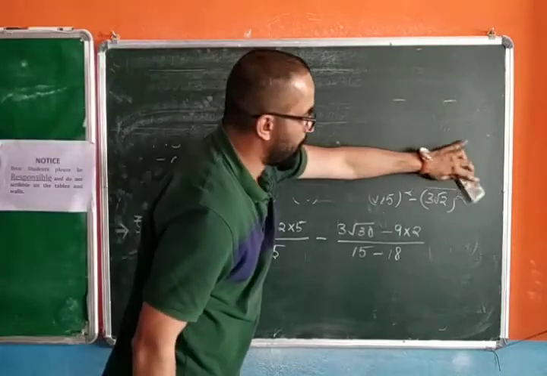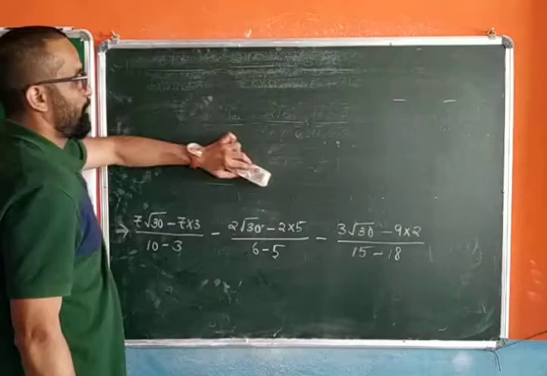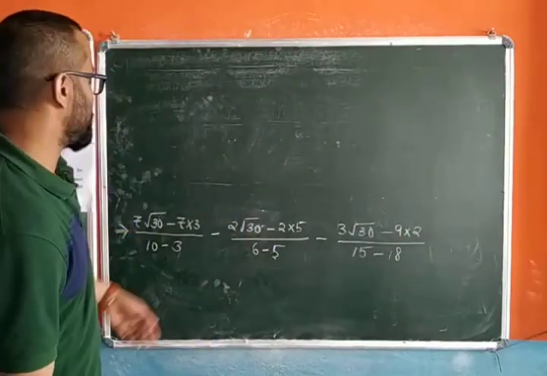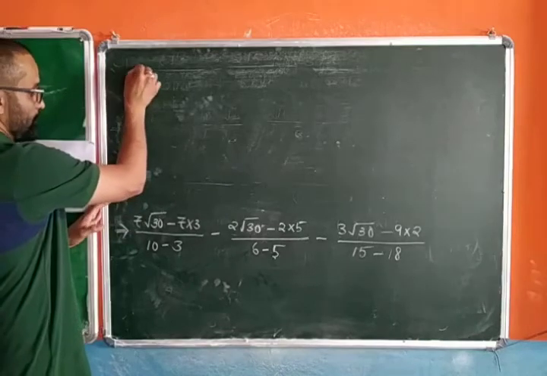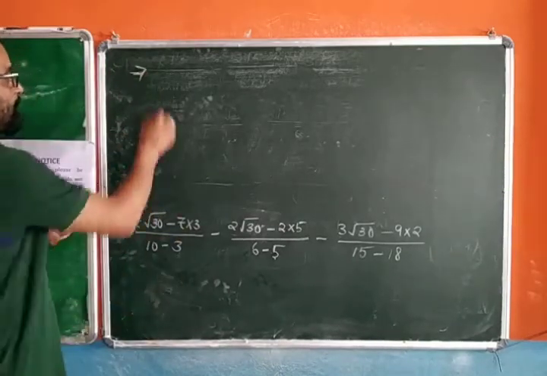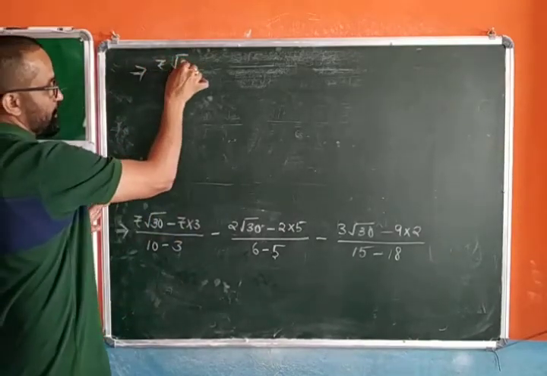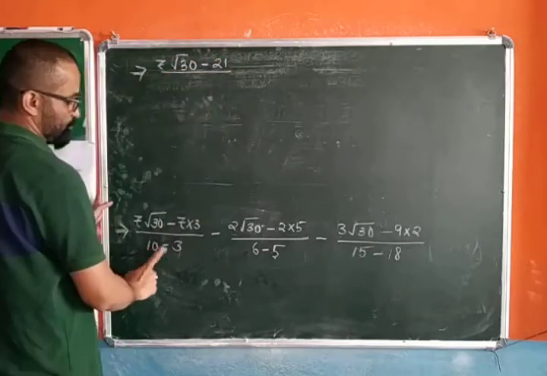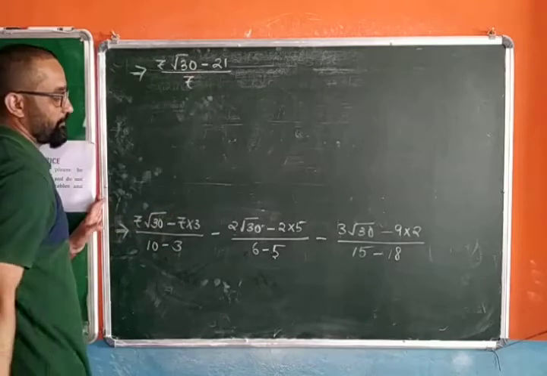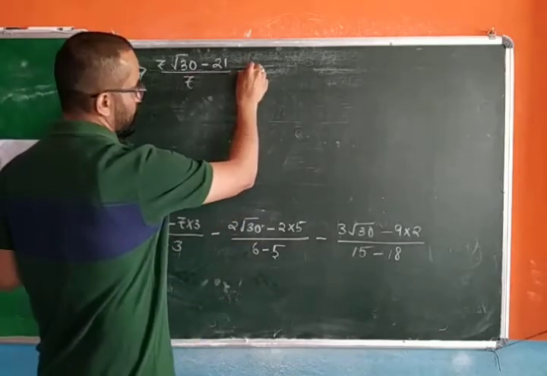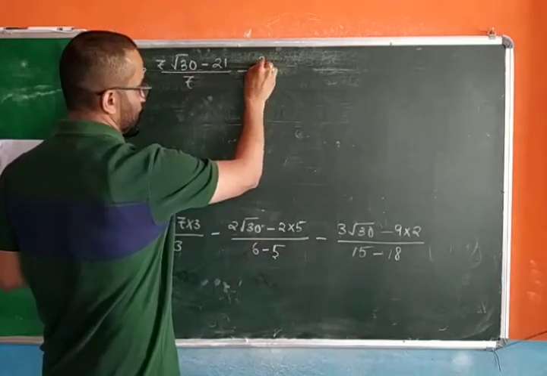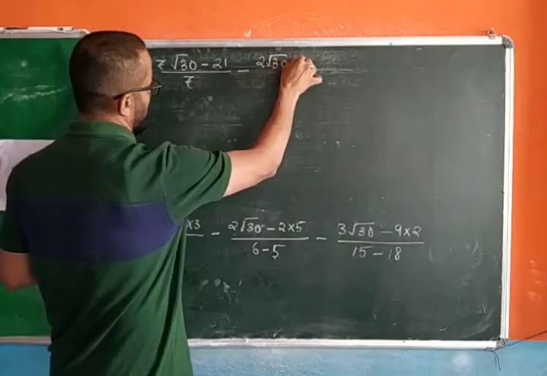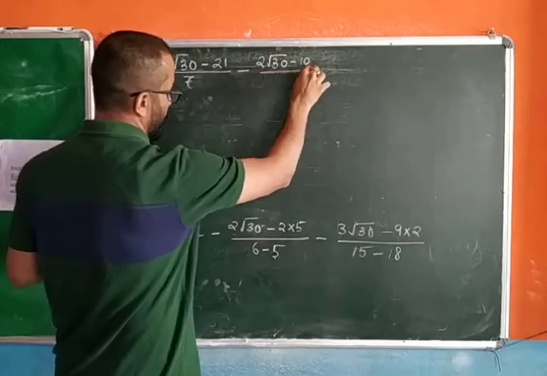It is a slightly longer calculation, a bit lengthy, but if you follow the steps, it's easier. (7√30 − 21) divided by, subtracting, 7, minus (2√30 − 10) divided by 1.